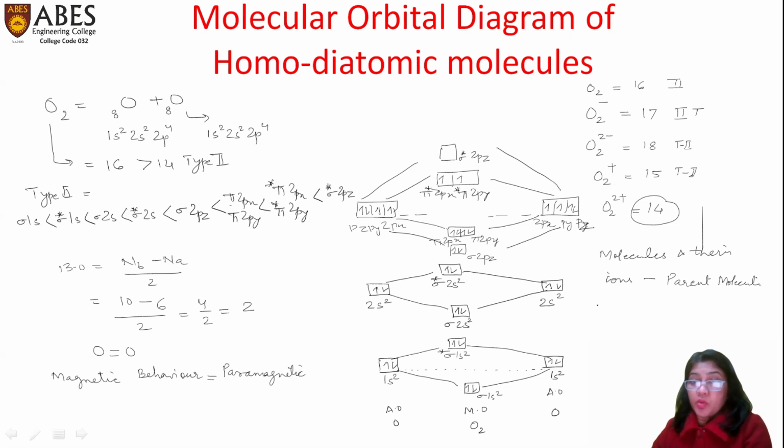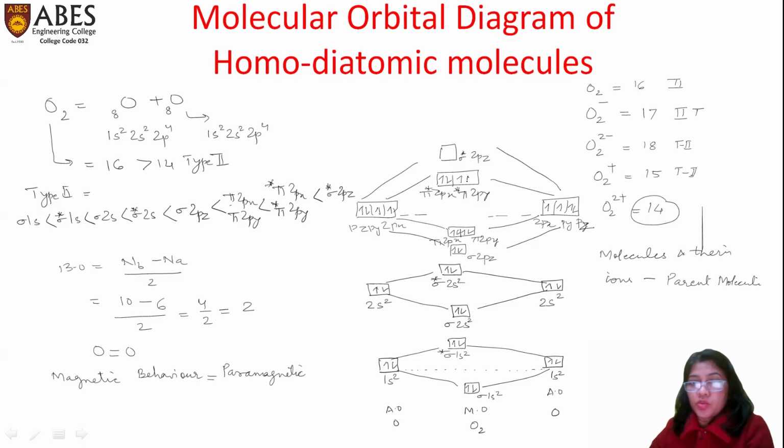And while preparing the molecular orbital diagram, for instance, if we are making the molecular orbital diagram of O2 minus, then one electron will be added to the molecular orbital diagram. For O2 minus, one electron will be added here.